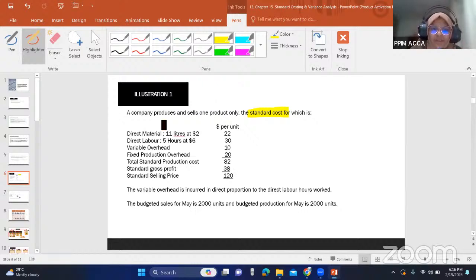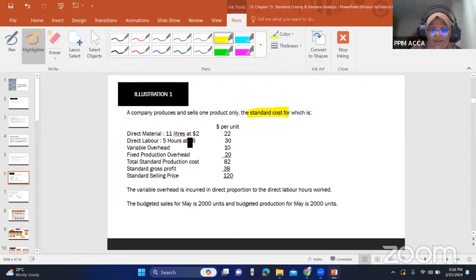For example, direct material, you should use 11 liters of paint. Each liter of paint is $2. $22 has to be used in direct material for the chair. Direct labor means per chair you have to spend 5 hours working with it, at $6 per hour. So ultimately your direct labor cost is 30.